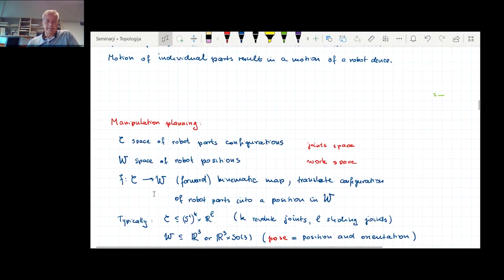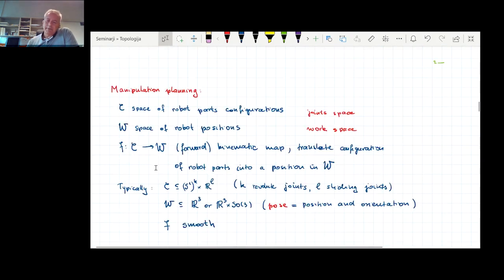So some things rotate, there are wheels, joints, bars, and things. And in practice, there are not many possibilities, so the configuration space is usually a subspace of some product of circles which correspond to revolute joints, and then a subspace of some product of intervals or Euclidean lines, which correspond to sliding joints.